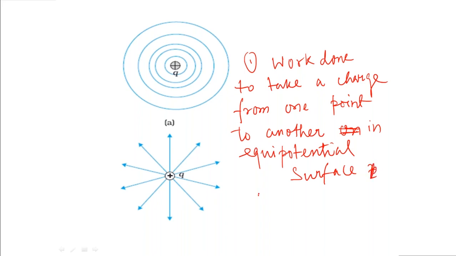This is an important point to remember. On an equipotential surface, if you take charges from one point to another point, the work done is 0.